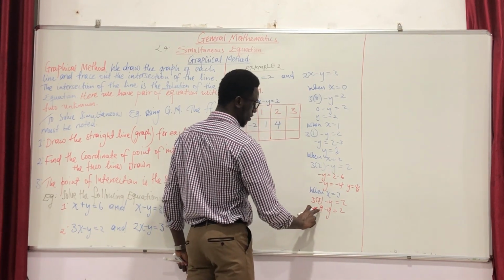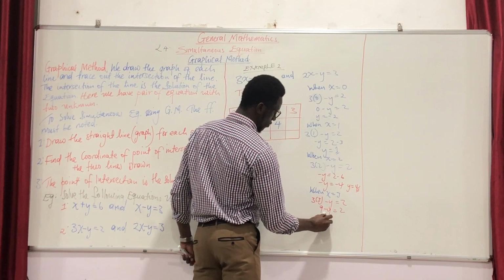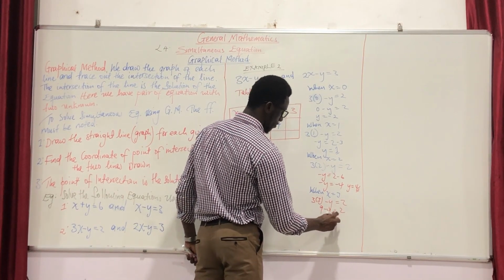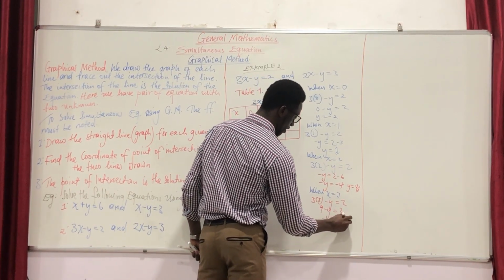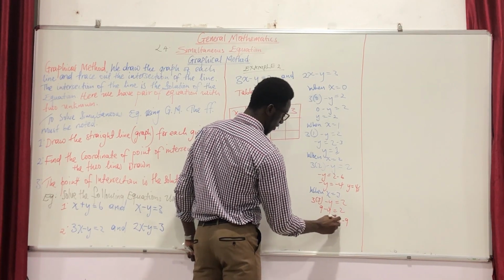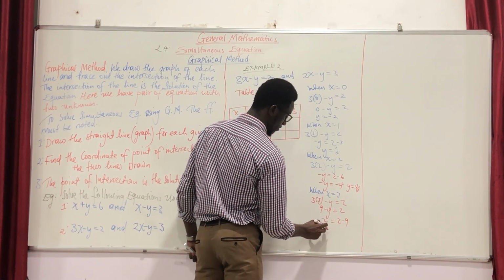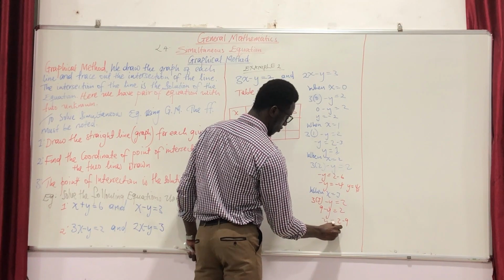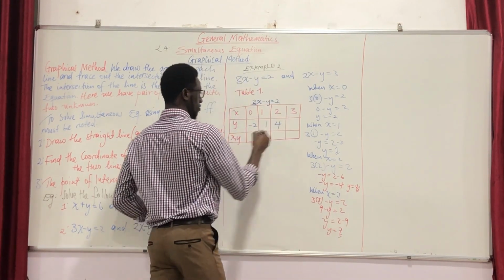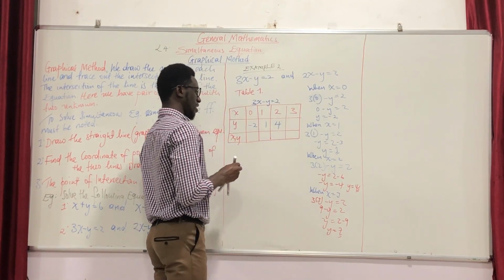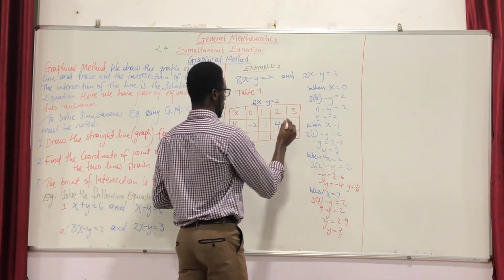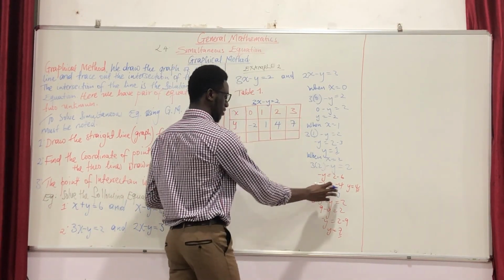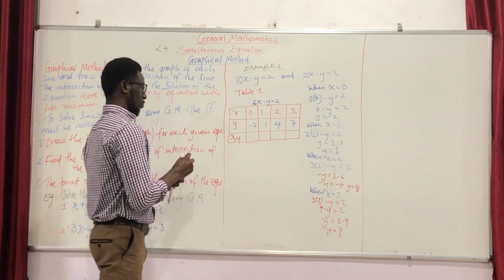Now we transpose: minus y equals 2 minus 9, which is minus 7. So y equals 7. When x is 3, y is 7. So that's for table 1.